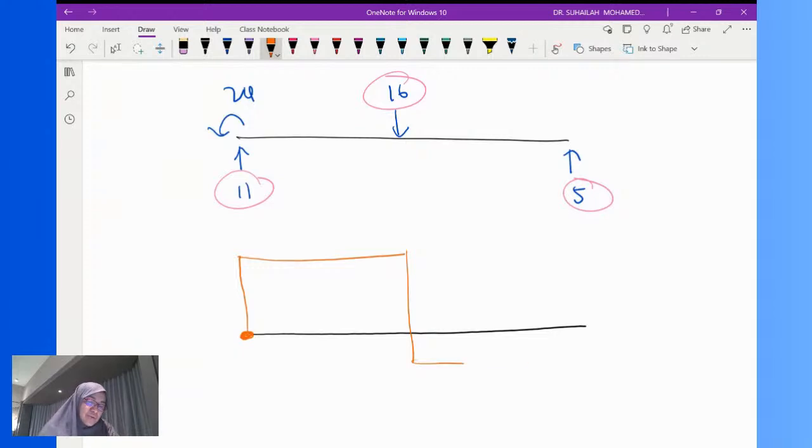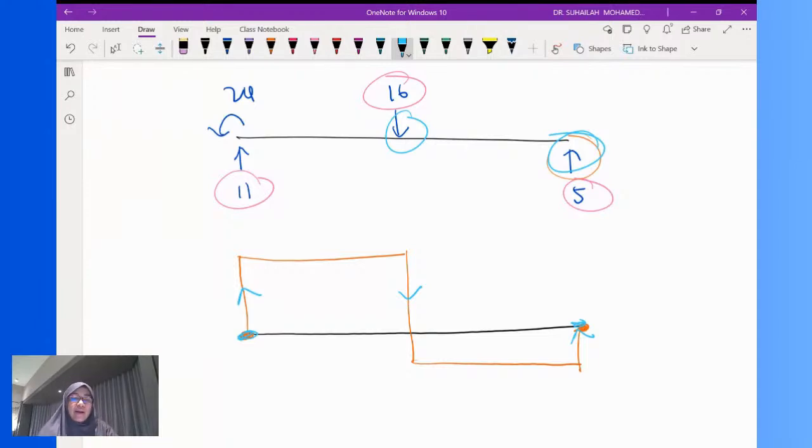So we go straight until we meet 5, and we go up. So this is the last position. Because of this, we start from 0 and end at 0. This is the shear force diagram.